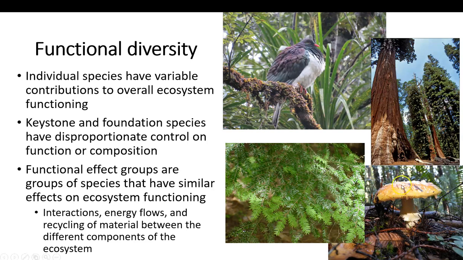Or you can have things like mycorrhizal fungi, which may not have the most biomass, but are critical for maintaining biodiversity and so forth. And along those lines, things like shade tolerance can also be very important in creating and maintaining biodiversity.